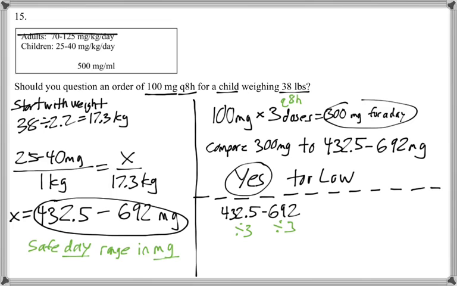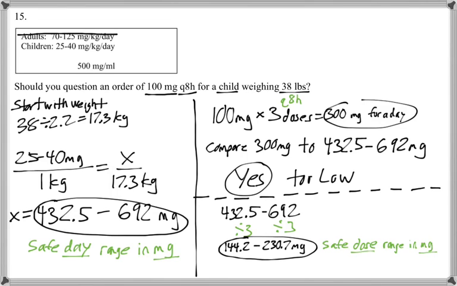And we get 144.2 to 230.7 milligrams. So that is the safe dose range in milligrams.